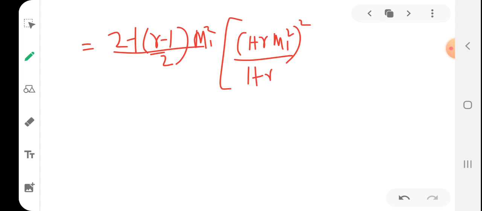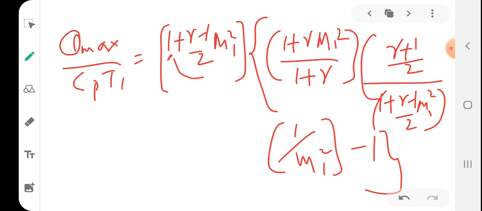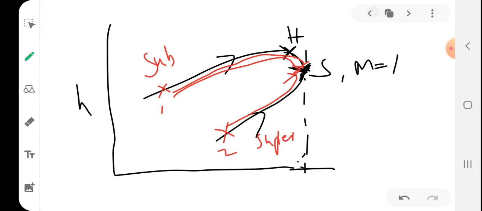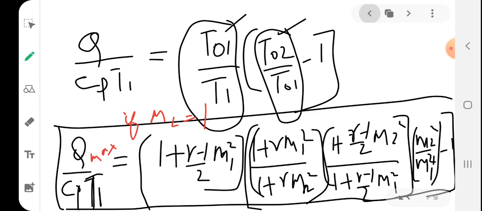So here a whole square is there, right? Don't forget to write that whole square. Actually here a whole square is there, I just forgot to write that.